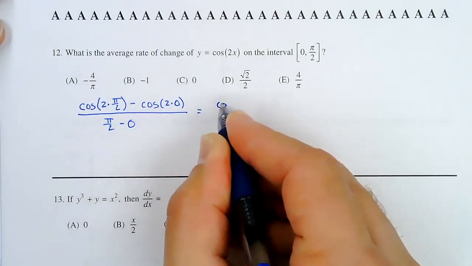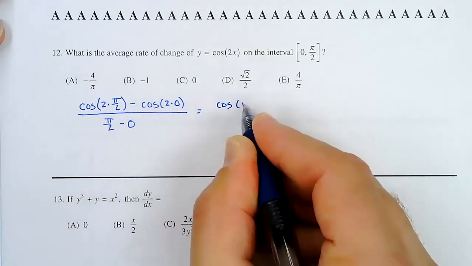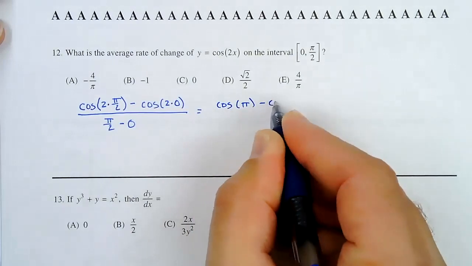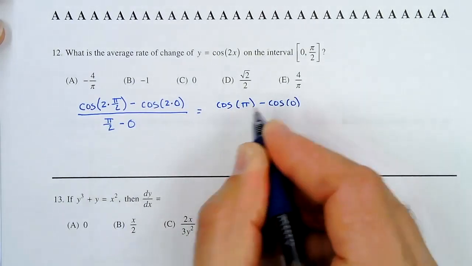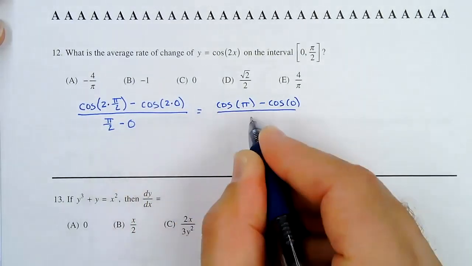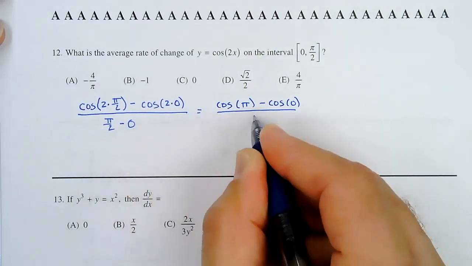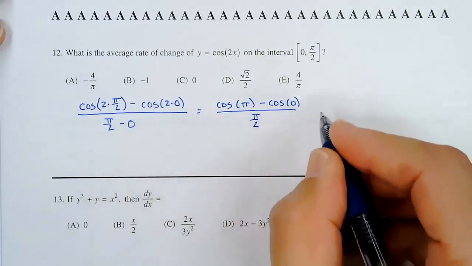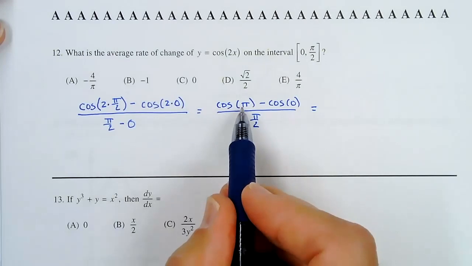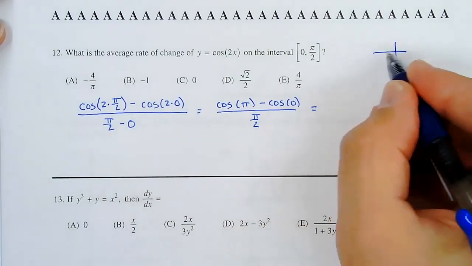So this becomes cosine of pi minus cosine of 0 over pi over 2 minus 0, which would just be pi over 2. And then cosine of pi, well, recall that it's right here, right?